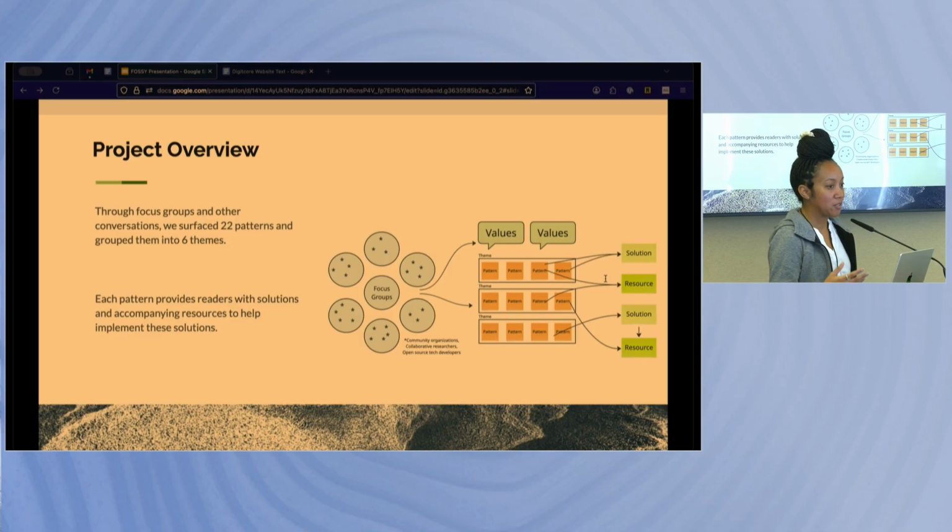But for the most part, outside of people contributing solutions and resources, it's also going to be open. It's currently licensed under Creative Commons, so people are free to remix it, take it, translate it. We will be translating it into Spanish, as we've worked a lot with organizations in Argentina, but we're open to other languages as well.